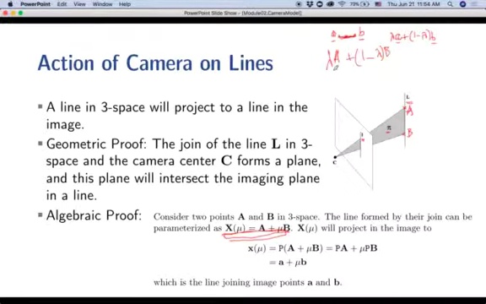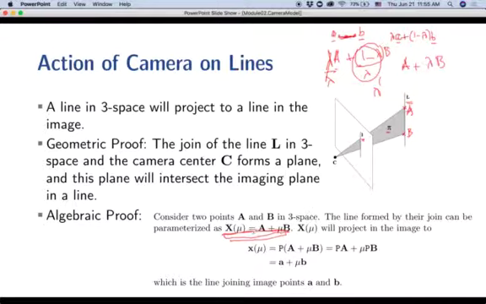So what I can do is divide the whole thing by lambda. That's still the same point. It really does not change. And if I divide the whole thing by lambda, I can cross this out and I can call this lambda prime if I want to. And so in projective mathematics, I can just say A plus lambda B is the parametric form of the line.